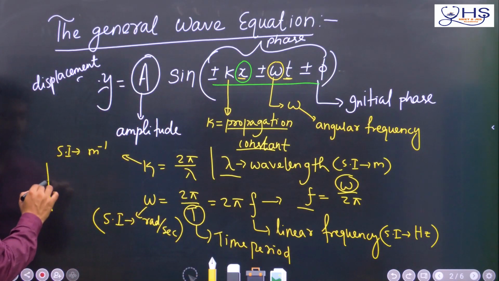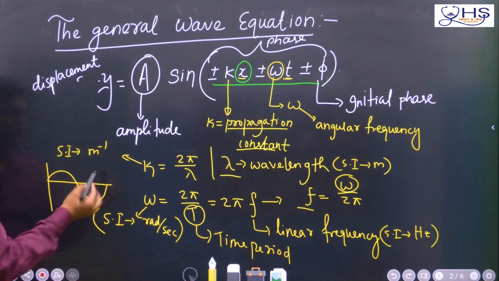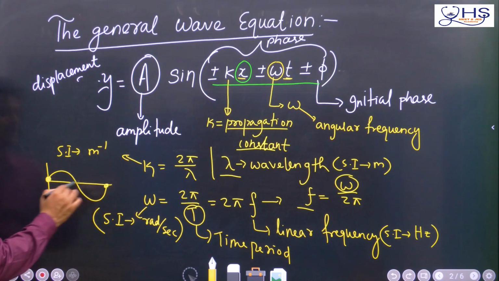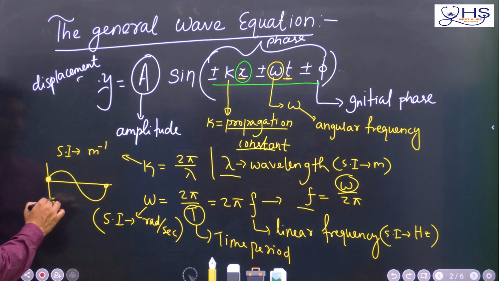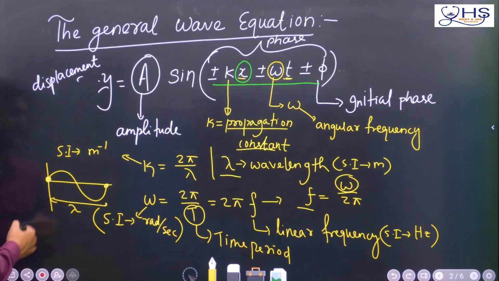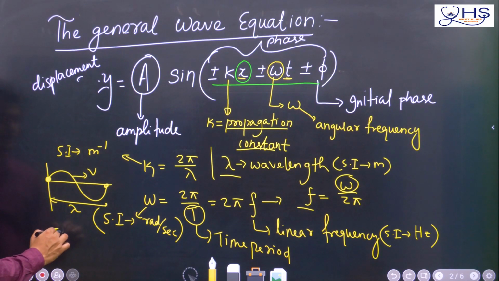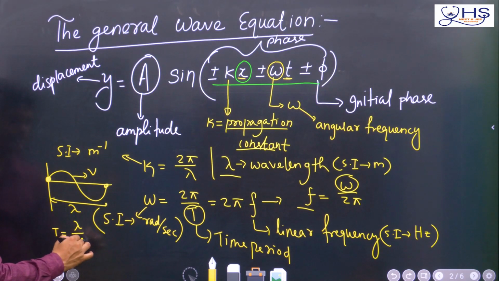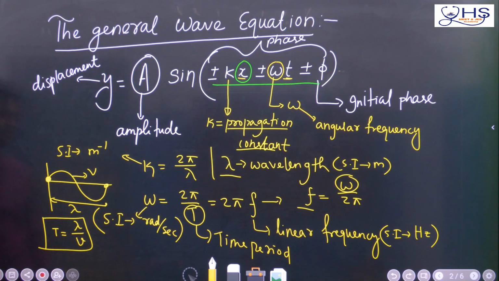Remember, time period means suppose a wave is going like this. How much time it takes to travel from this point to this point is called the time period T. Wavelength you can write as lambda, traveling with velocity v. So T is nothing but lambda by v. This is the actual relation.